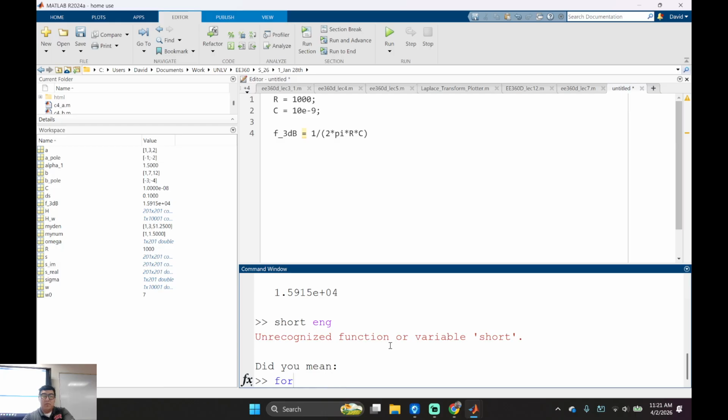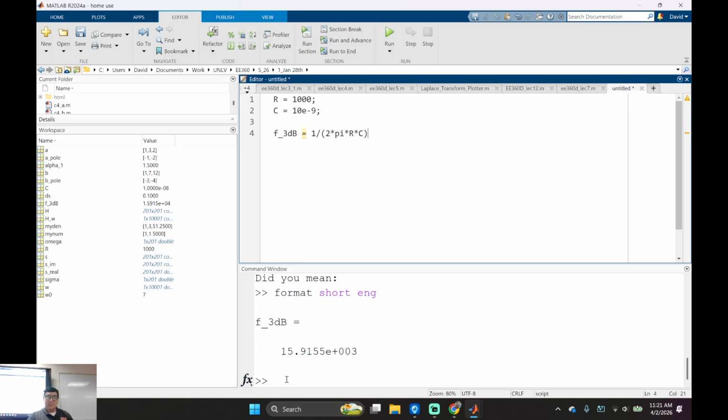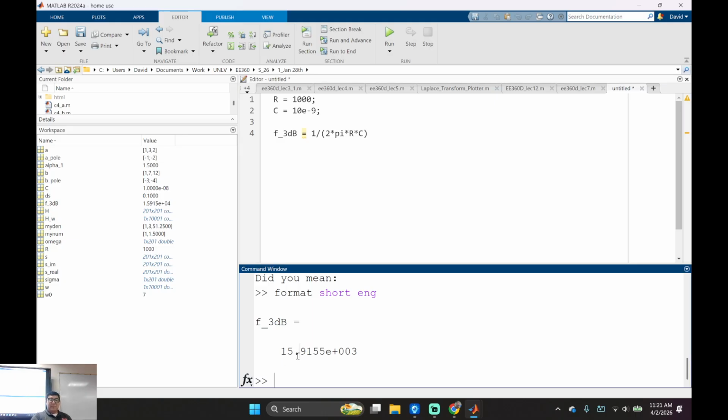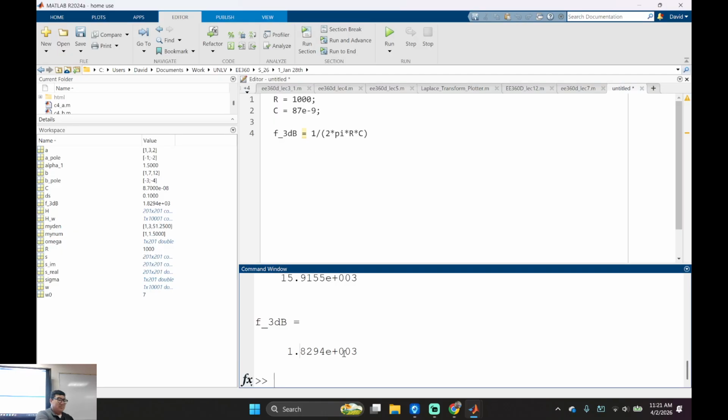We're good. Short eng. Like 87. There you go. I guess I wasn't making full contact. It's 87 nano. So 1.82, right? So at 1.82, we should see a pole.